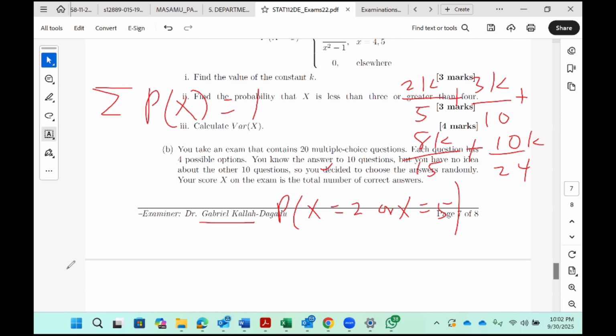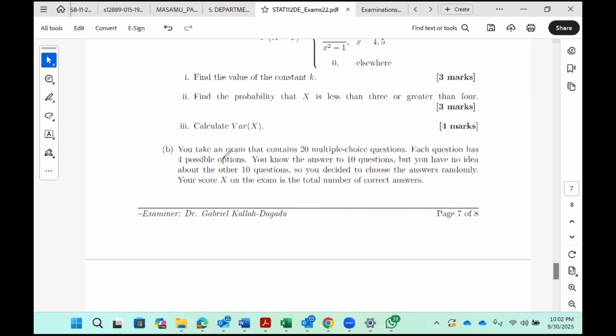Then the B part is also a binomial problem. You take an exam that contains 20 multiple choice questions. Each question has 4 possible options. You know the answer to 10 questions, but you have no idea about the other 10 questions, so you decide to choose the answers randomly.